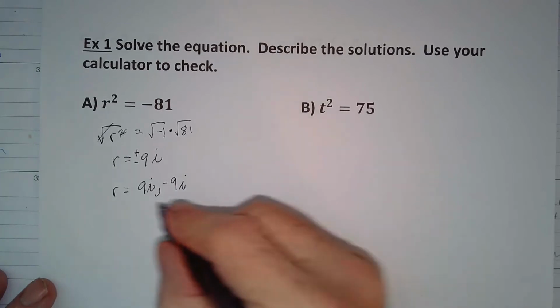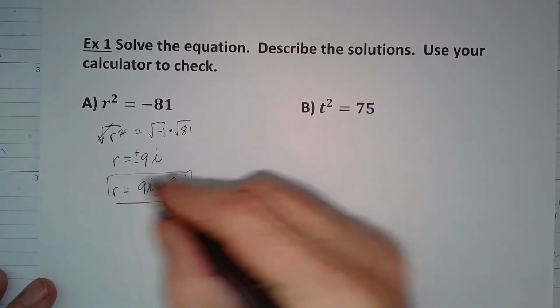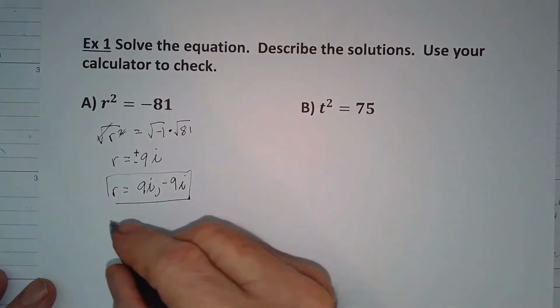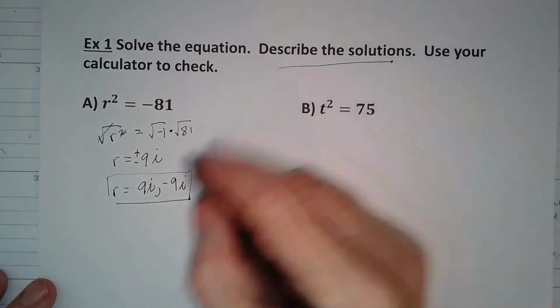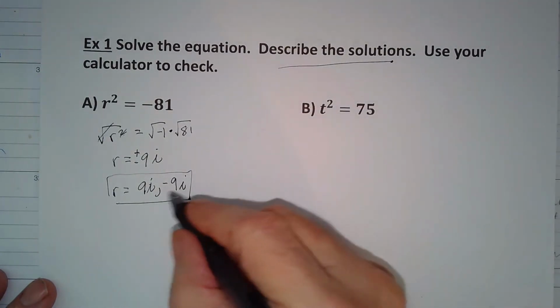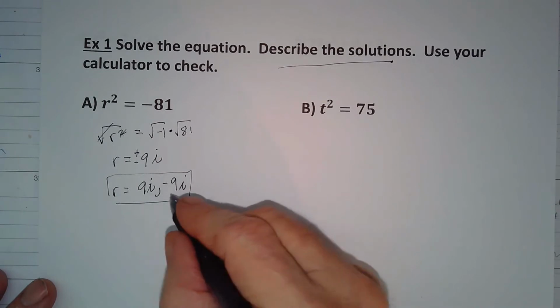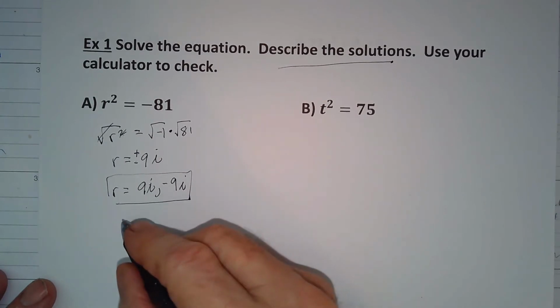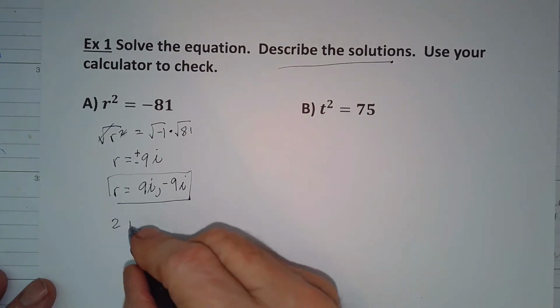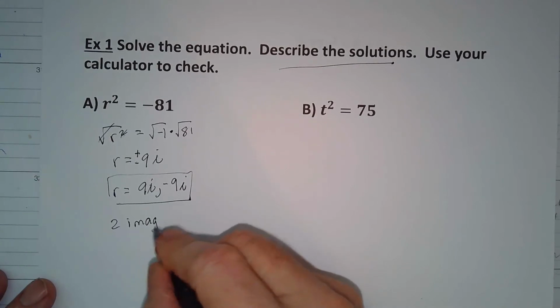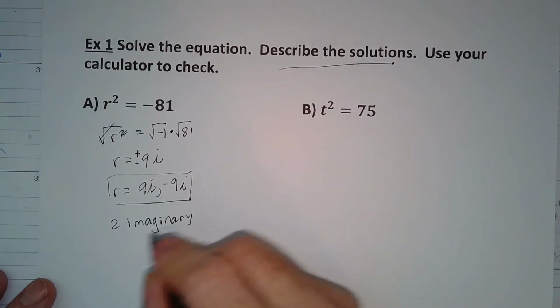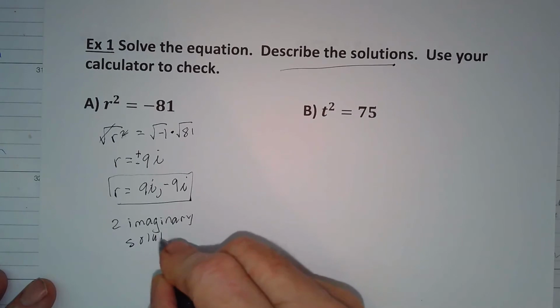That's usually the preferred method. Describing the solution, these are imaginary solutions because we have imaginary numbers multiplied by the real number. So you have two imaginary solutions.